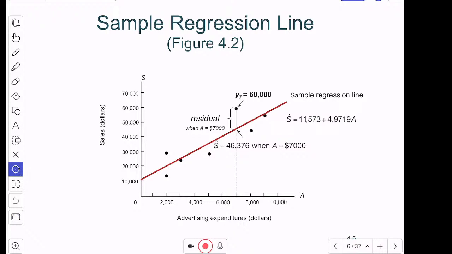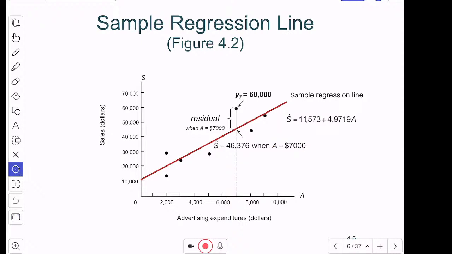And the issue becomes, can we estimate those observations that are plotted, advertising here and sales here, can we replace those with a line so we can make predictions? So if we're thinking about spending $7,000, what sales could we expect, for instance?